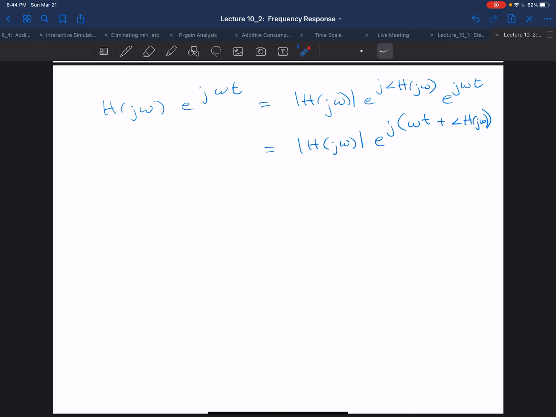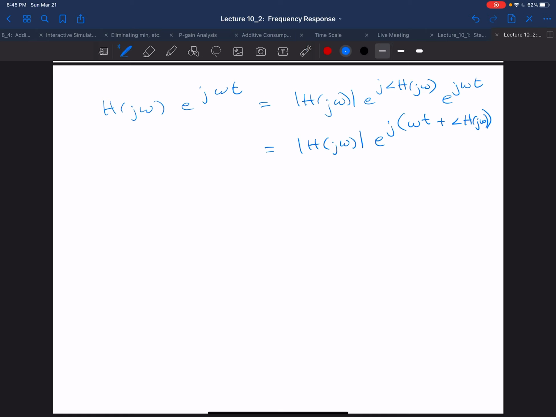In particular, we see here that the amplitude of our sinusoid gets multiplied by the modulus of H(jω). And what the angle of H(jω) does is to shift the phase of our sinusoid. Okay.